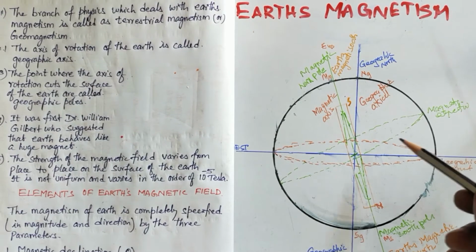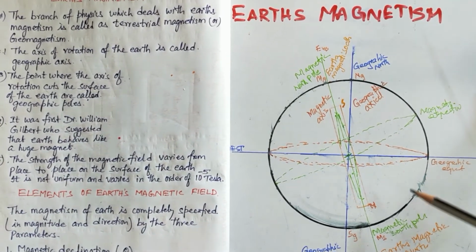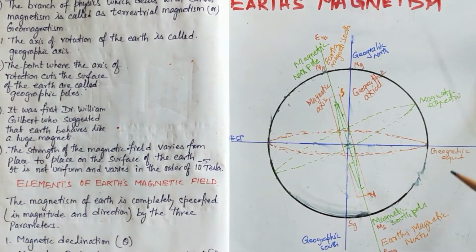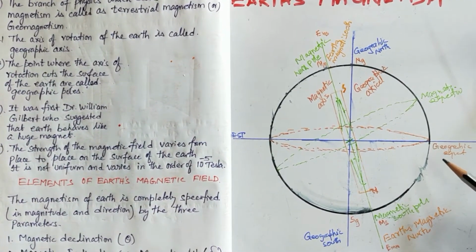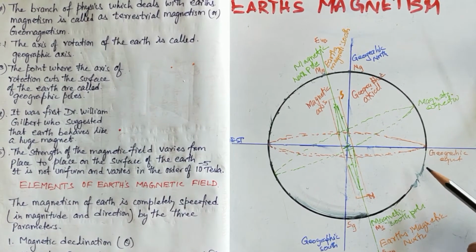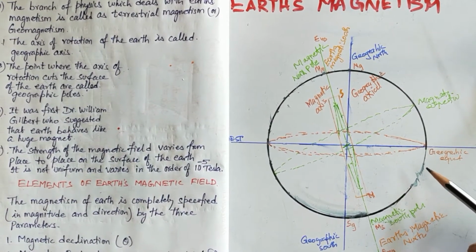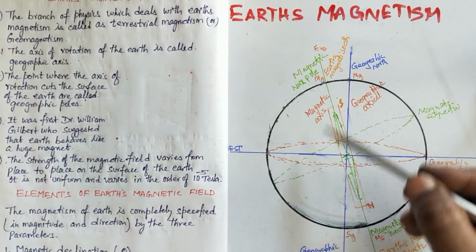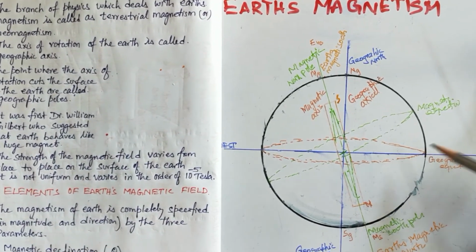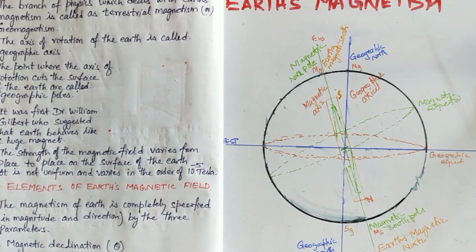So these are some of the things which we have understood. Now to study the earth's magnetic field in detail, we have to know about some elements of earth. The magnetism of earth is completely specified in its magnitude and direction by 3 parameters. What are the 3 parameters?